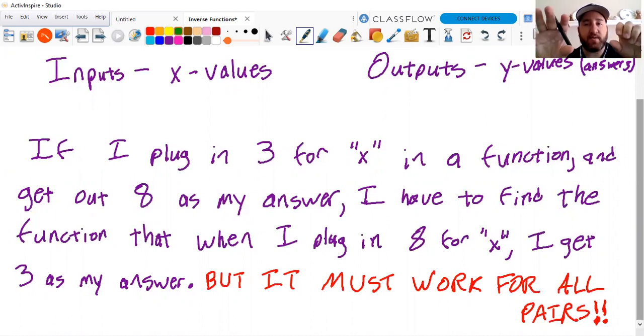If I plug in 8, I get out 3. So original: plug in 3, get out 8. Inverse: plug in 8, get out 3. But the catch is it has to work for all pairs. If y'all didn't get this and you still want to write it down, this is really just explanation. Y'all can pause right now, but I'm going to go ahead and move on.